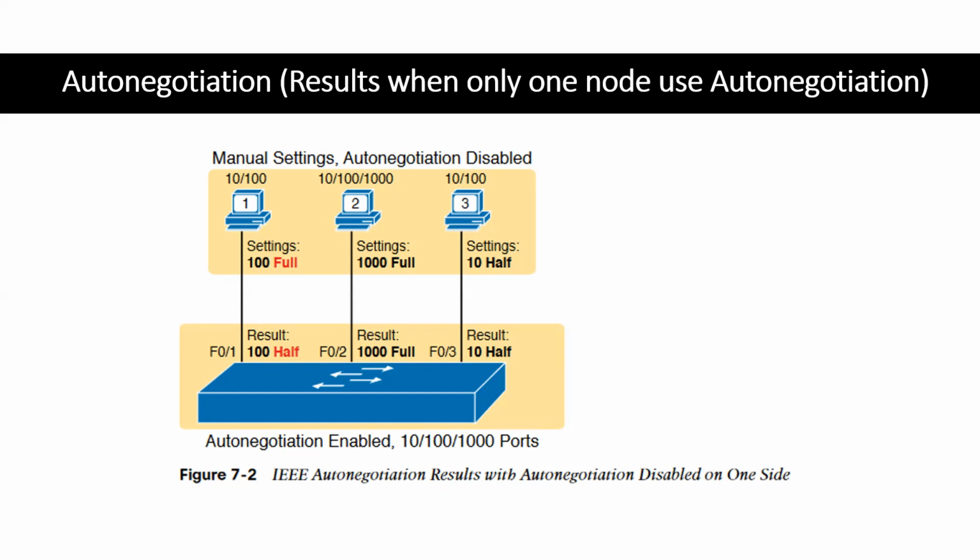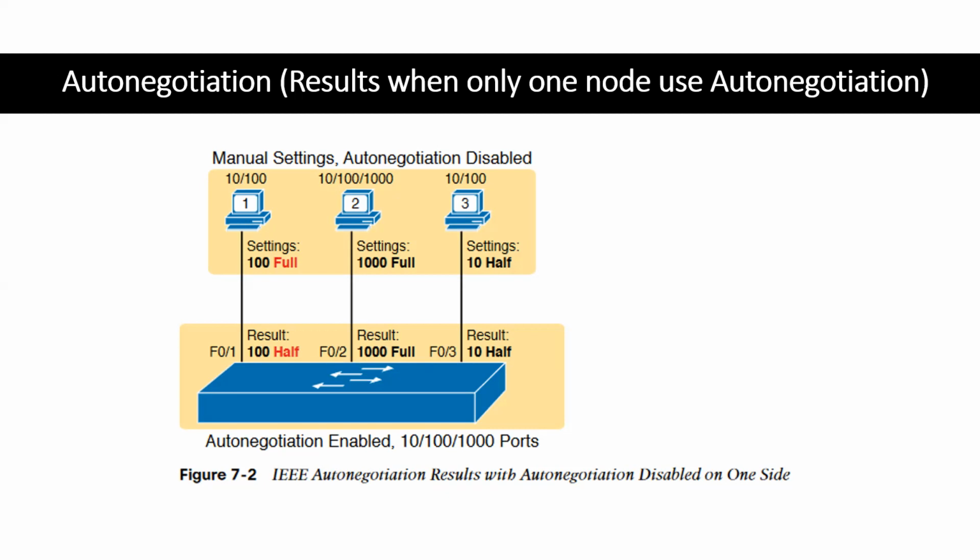So it knows, and it learns, I'm getting data at 100 megabits per second. What the switch is going to do in its software, it's going to say, 100 megabits per second, I'm going to default that to half duplex.